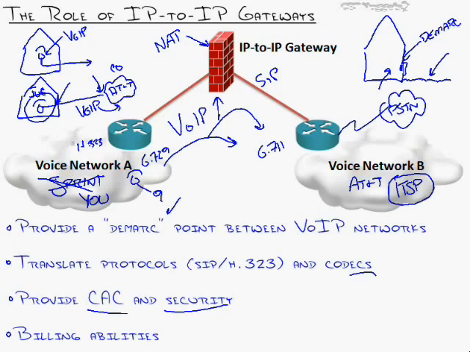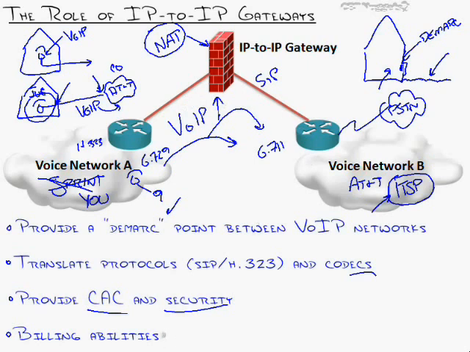Matter of fact, they can't go across the internet to an ITSP staying a private address, so the NAT firewall can convert them to a public one. Now that's great because now you can cross the internet, but it also allows you to hide your private addressing scheme behind a firewall type device, so your internal addresses are not being exposed to AT&T or anybody else on the internet for that matter.